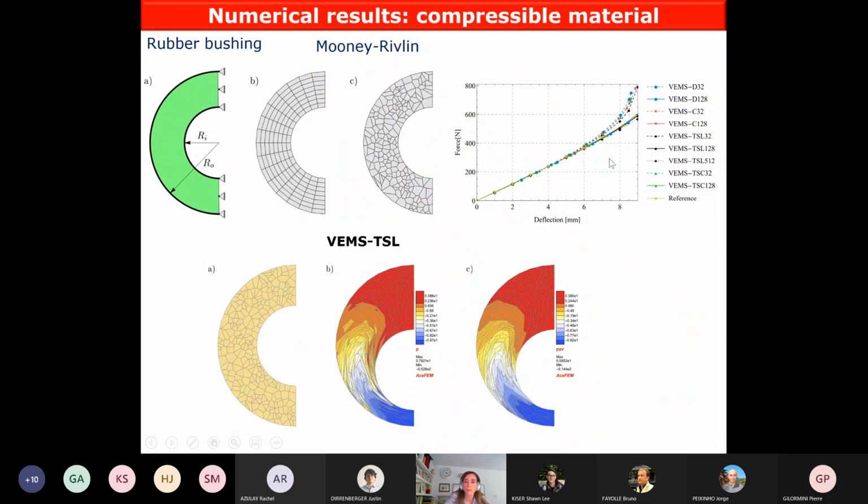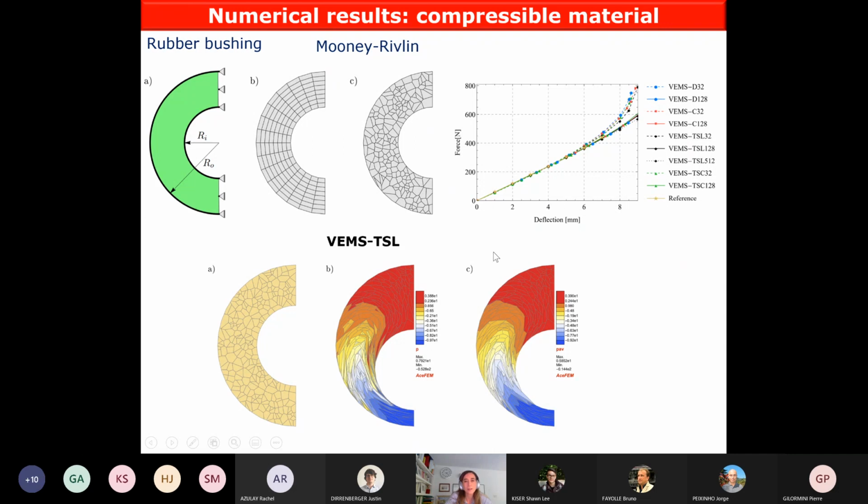We compare in terms of global curves the response of different elements, and also in this case, all the elements behave quite nicely, but the best performances are delivered by the element with Taylor series expansion and linear approximation along the boundaries.